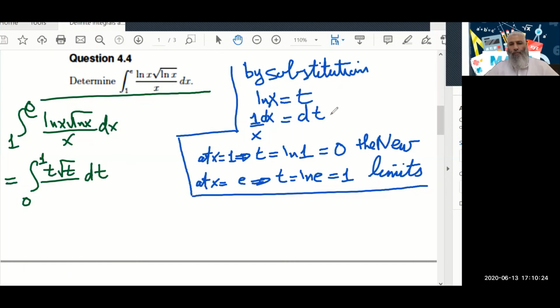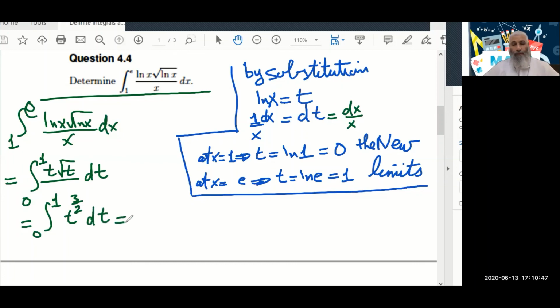So this is the integration from 0 to 1 of t power 3 over 2, because t power 1 multiplied by t power 1/2 is t power 3 over 2.